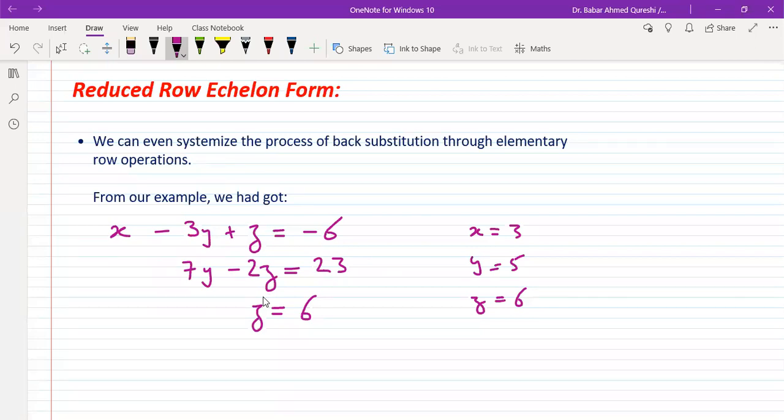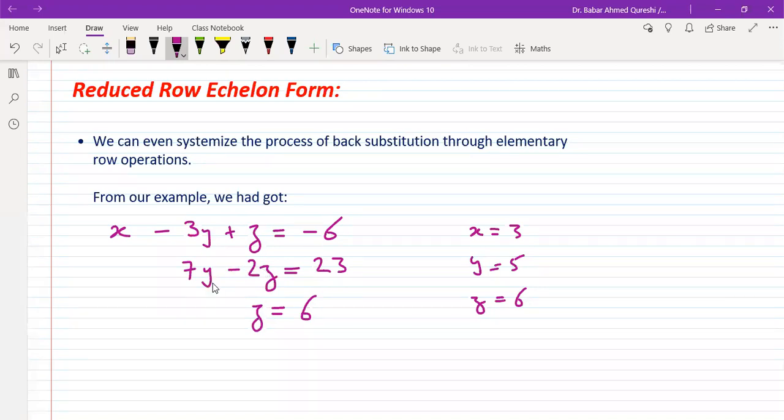But you can even systemize this process of back substitution. So instead of putting this z over there, what you can do is say, I'm going to eliminate z from this equation. I'm going to choose equation 3 in this triangular system and eliminate z above it. That will leave only y.